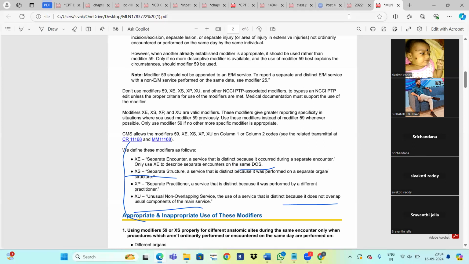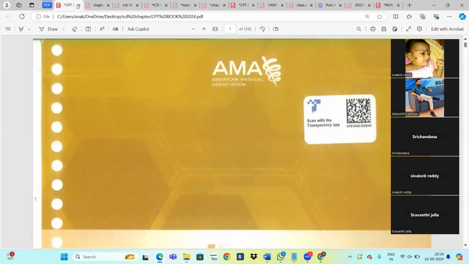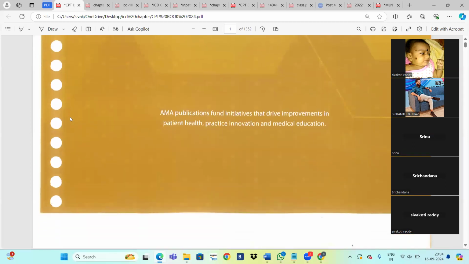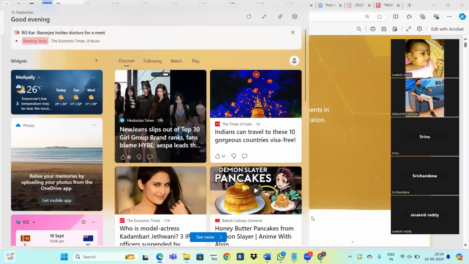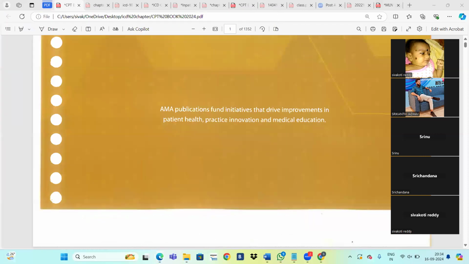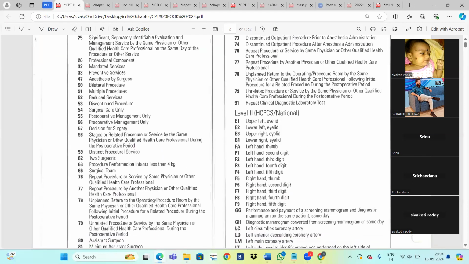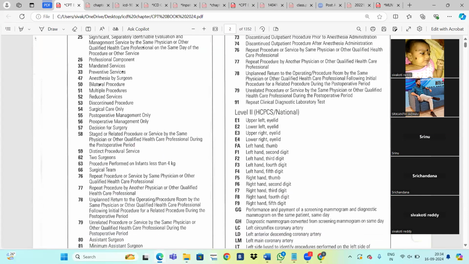Left foot, third toe: T2. Right hand, third digit: F7. Left hand, third digit: F2.